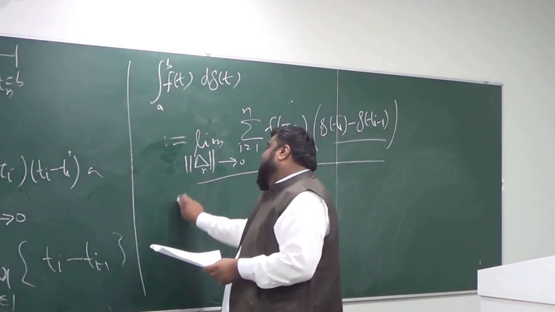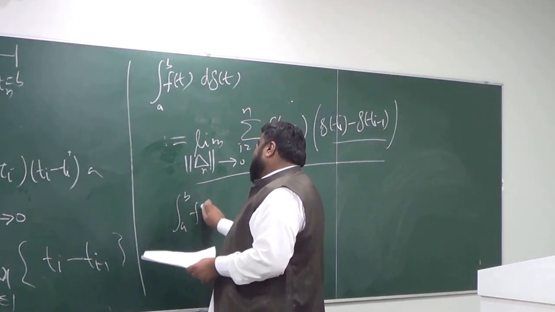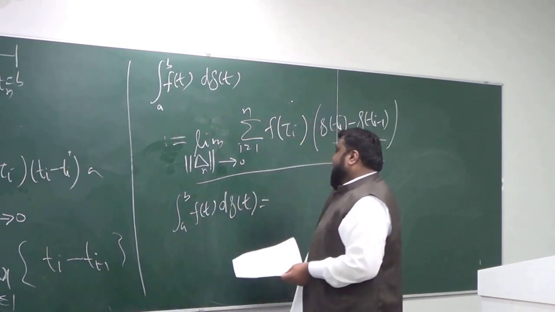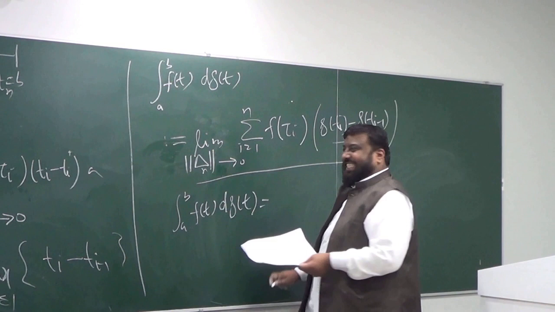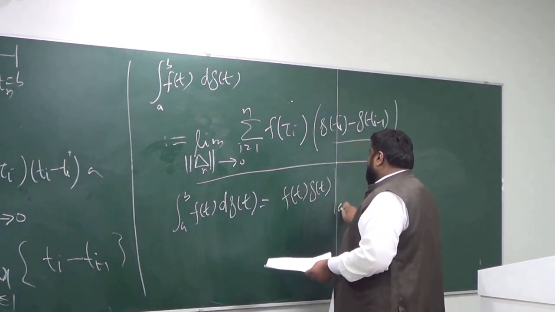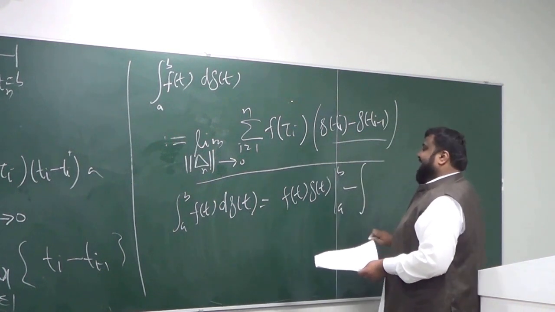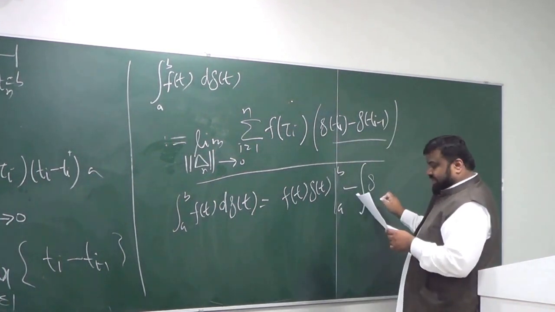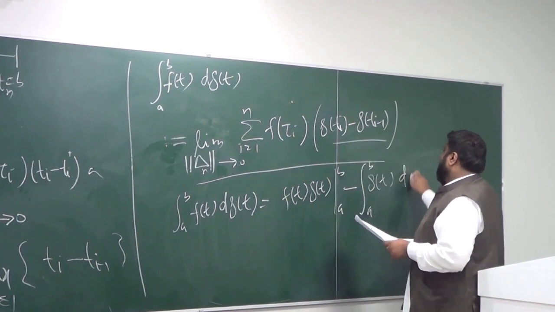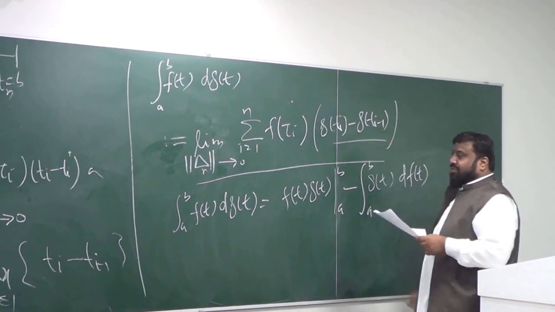Can say, okay, if I want to define the integral from a to b of f(t) dg(t), I can use integration by parts: f(t)g(t) going from a to b, minus the integral of g(t) from a to b with respect to df(t).